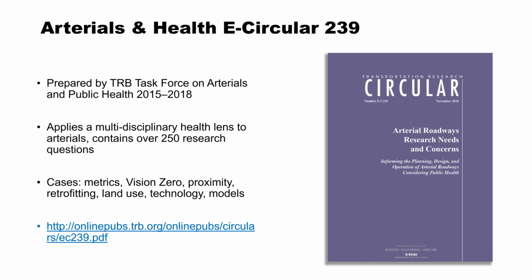Each chapter has its own sort of focus: metrics, vision zero, proximity to arterials, retrofitting them, questions of land use, questions of technology, as well as models. This is a cool resource and one that's specifically focused again on arterials. It includes pedestrian safety as well as other topics.